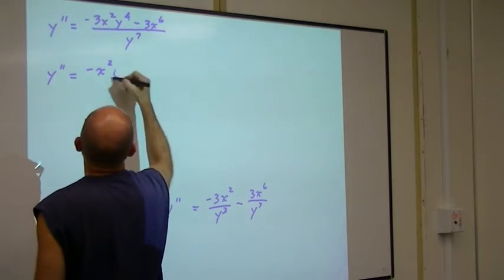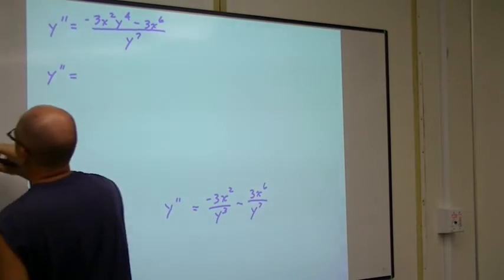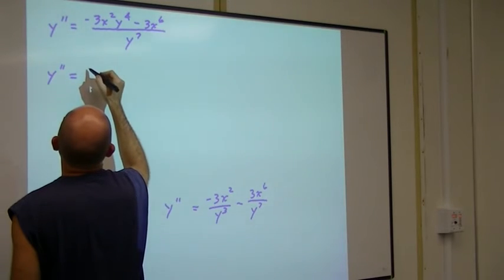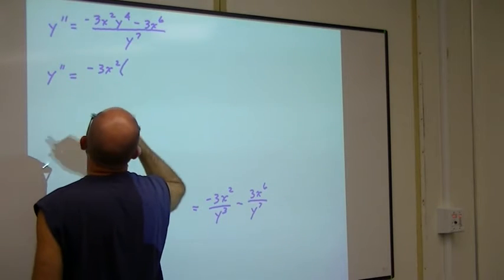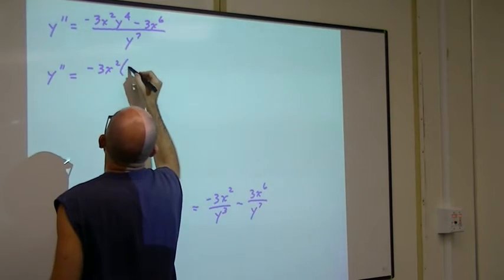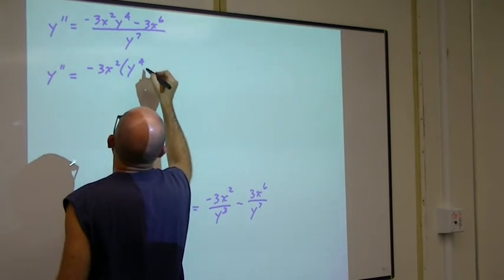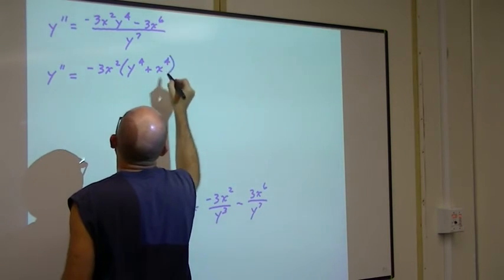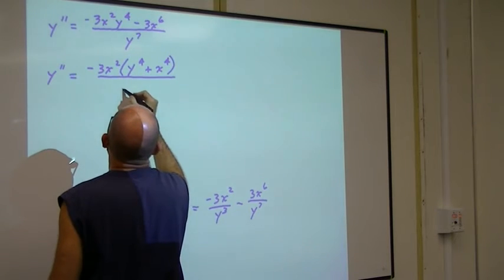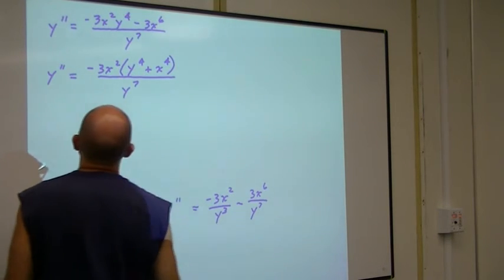Let's factor out a negative 3x squared. Okay, it will be that way. So we have a negative 3x squared times the quantity y to the fourth plus x to the fourth, all over y to the seventh.